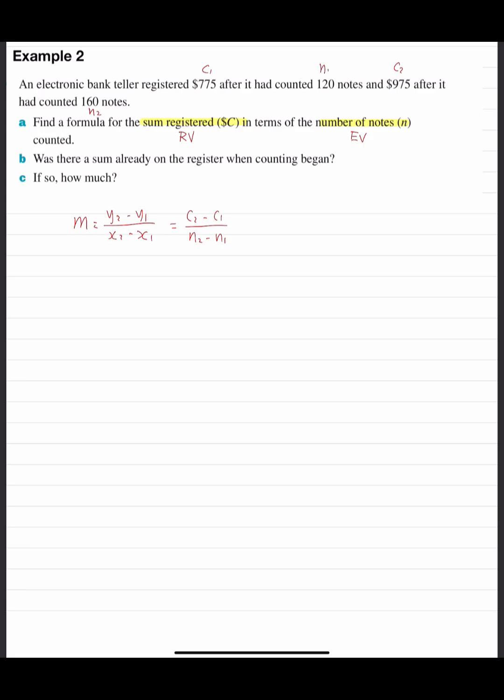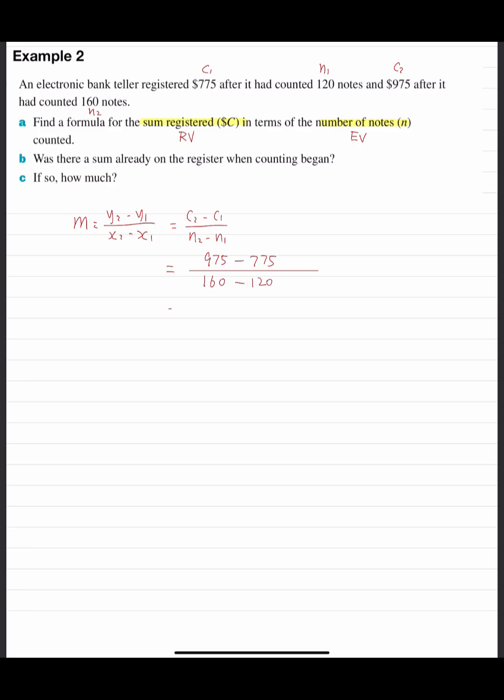You must make sure that they are corresponding variables that you substitute into the formula. So in this case, you have C2, which is $975, minus C1, that is $775, over N2, that is $160, minus N1, that is $120.